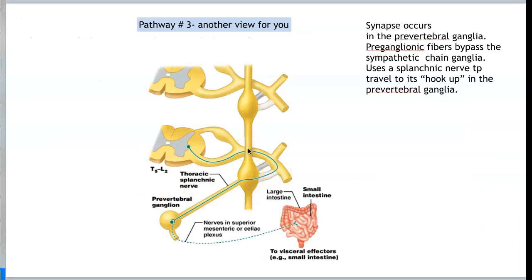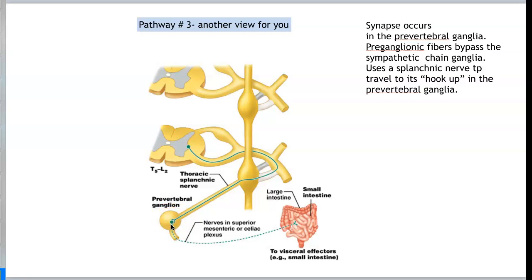So here's a book drawing of what I showed you. Our preganglionic axon is going to leave through the ventral root, spinal nerve. It's going to leave the spinal nerve through the white ramus communicans, enter the sympathetic chain ganglion, but it's not synapsing. It's going to travel through that splanchnic nerve to take it to the prevertebral ganglion, where it's going to synapse.